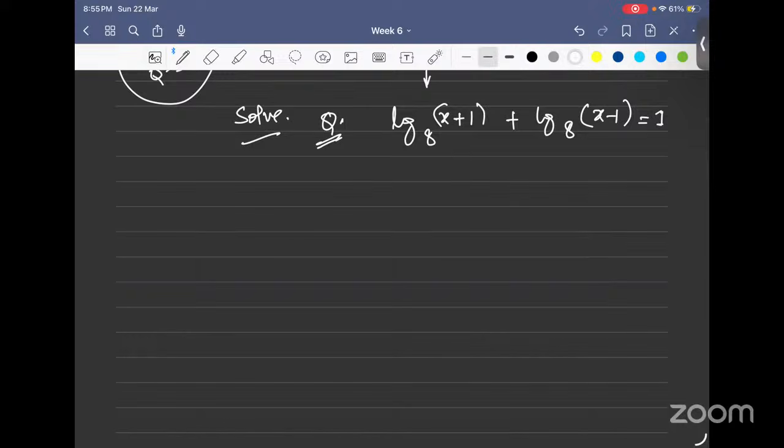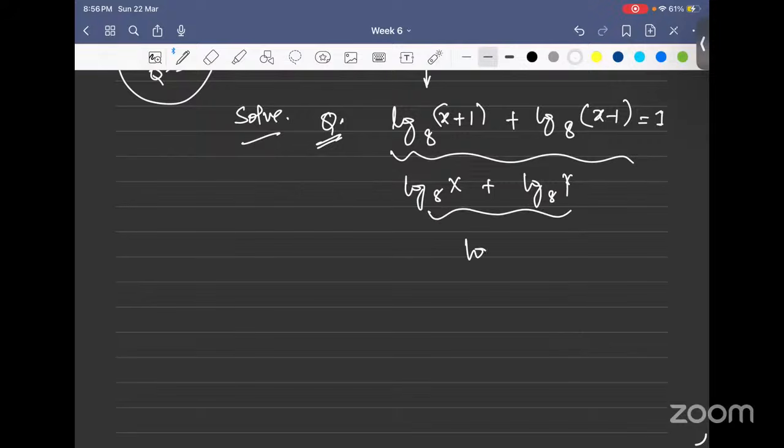I am also getting plus minus, sir. Correct. So log of x base 8 plus log of y base 8 can be written as log of x times y base 8 equals 1. So that is basically x times y equals 8, right?